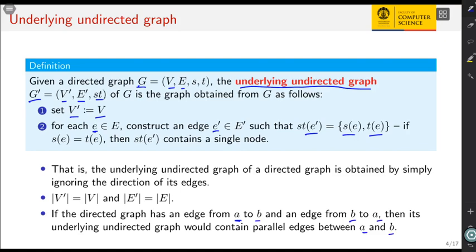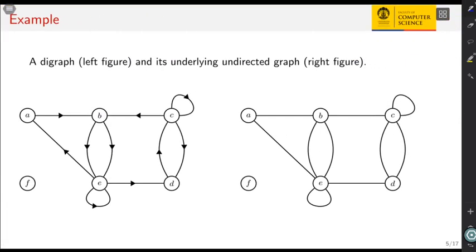So let's see some example. So here's an example of a D graph on the left. So you have 6 nodes and you have 1, 2, 3, 4, 5, 6, 7, 8, 9, 10 edges, and the underlying undirected graph is essentially the same graph but without direction. So essentially, for example, for the edge from A to B, we remove the arrow, so we just have a line segment here.